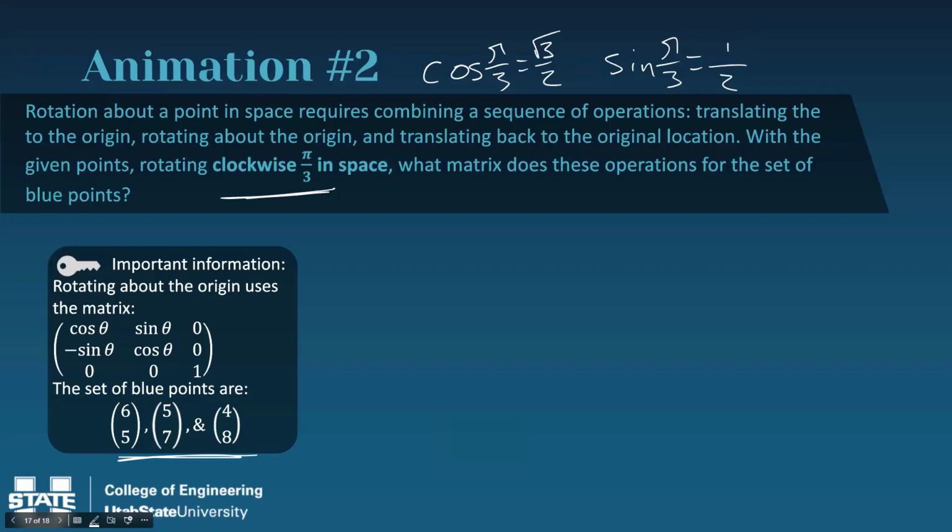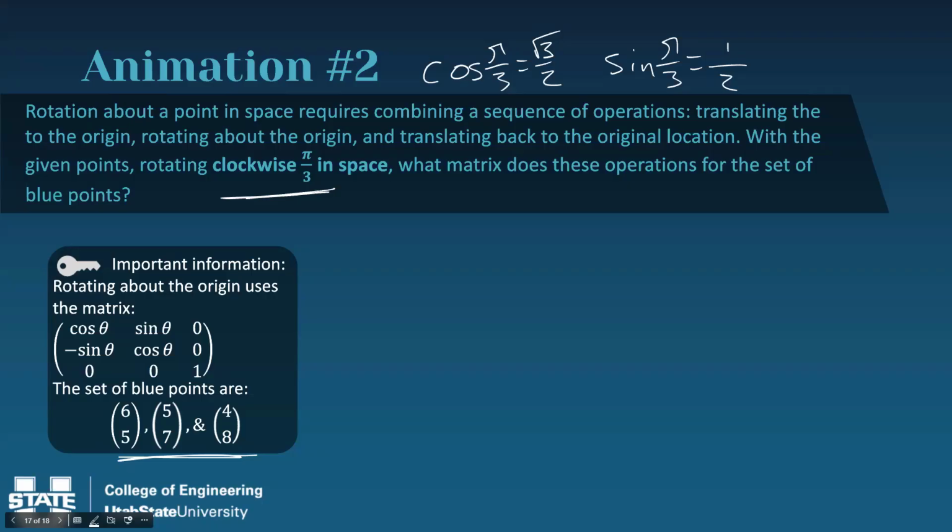I think the negative switched between slides. Oh, that's a good point. It's because we're now moving clockwise. You could put it in the matrix, or you could just do negative pi thirds, right? So that works either way. I think it works out to the same. If we plug it in, the sine's the exact same.